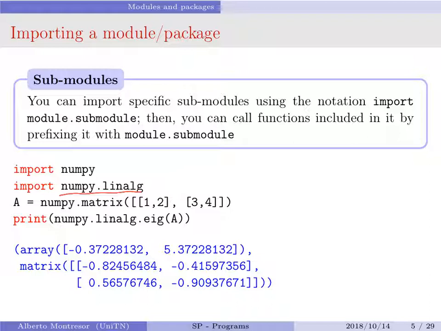You have the global namespace that does not require any prefix. Then you have a numpy namespace, which you can access by saying numpy dot the name of a function. And then you have a numpy.linalg namespace that you can access by specifying the entire name, dot, another part.